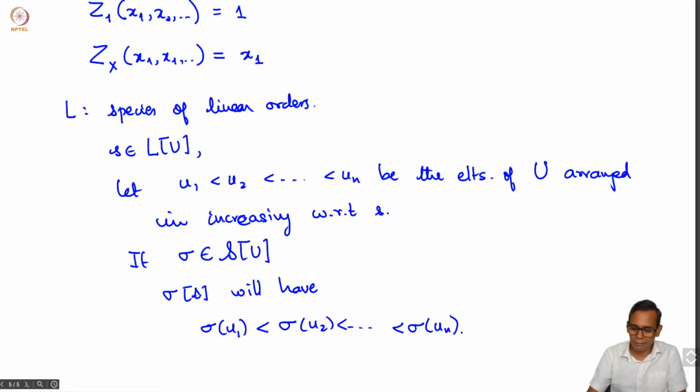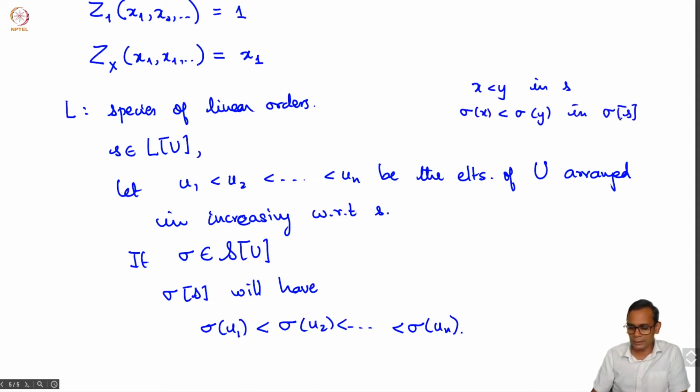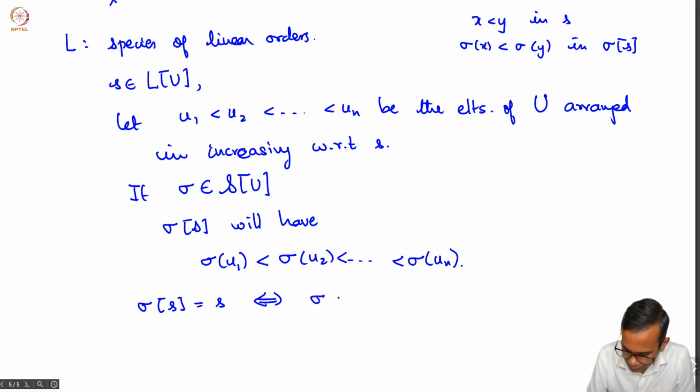This follows from the definition of transport of structure for linear orders. In the transport of structure, if we have x less than y in S, this is the same as saying that sigma(x) is less than sigma(y) in sigma[S]. And so what you see is that sigma[S] is equal to S if and only if sigma is the identity permutation.